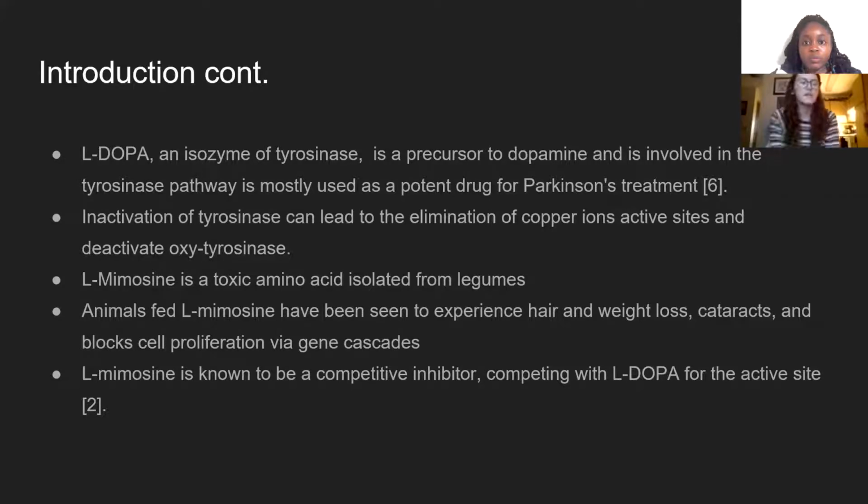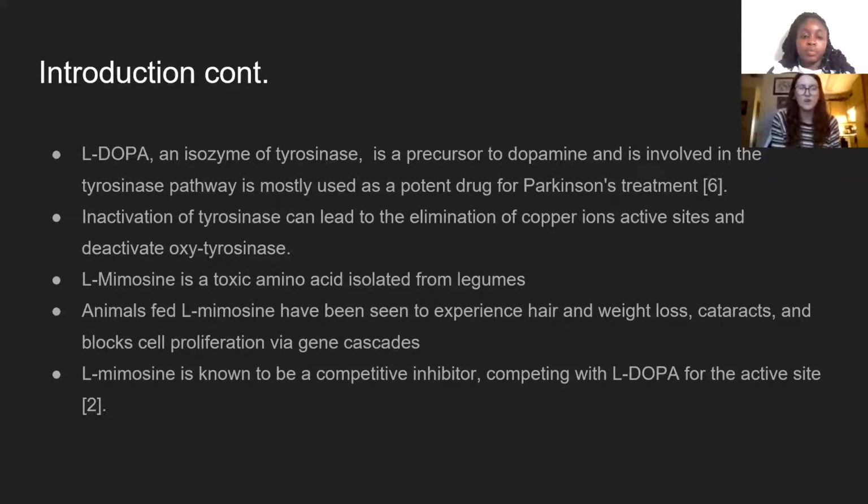The inhibitor that we were assigned is L-mimosine, which is a toxic amino acid. It is found in plants, but it's most commonly created in large quantities from legumes. In the literature that I had read, I saw that when L-mimosine is given to animals experimentally, they experience hair loss and weight loss, as well as cataracts.